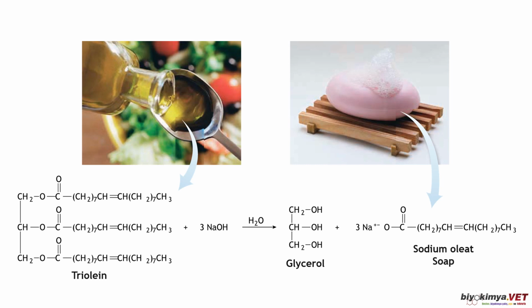And here is an example of sodium oleate, a soap obtained from vegetable oil, olive oil. Olive oil is rich in triolein, a homogeneous triglyceride carrying 3 moles of oleic acid, and its soap is sodium oleate.